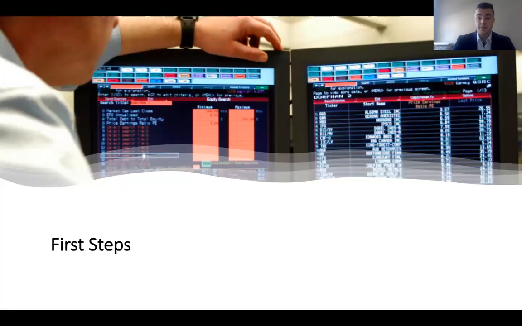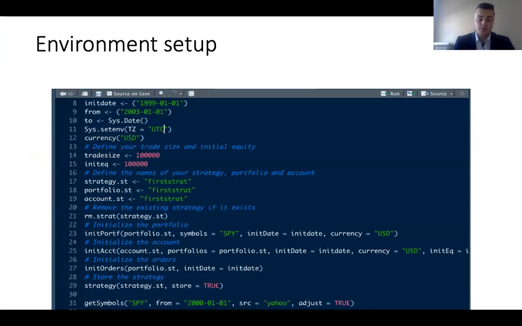The first and very important step of our research project is to download the historical data from Bloomberg. For our research project, we decided to test the S&P 500 futures stock. Once we have the data loaded, we begin to create an environmental setup for our backtest. Computers can't think for themselves, so we need to tell them what to do.